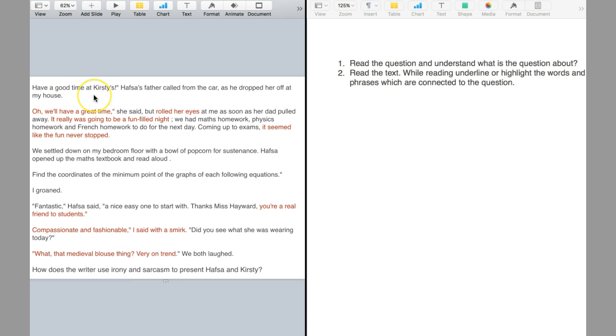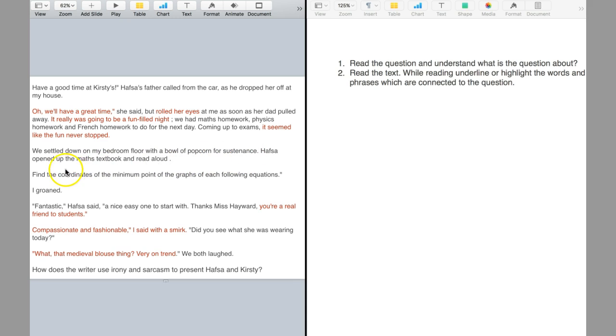Have a good time at Kirsty's, Hafsa's father called from the car as he dropped her off at my house. Oh, we'll have a great time, she said, but rolled her eyes at me as soon as her dad pulled away. It really was going to be a fun-filled night. We had maths homework, physics homework, and French homework to do for the next day. Coming up to exams, it seemed like the fun never stopped. We settled down on my bedroom floor with a bowl of popcorn for sustenance.